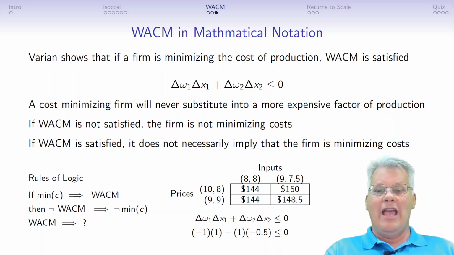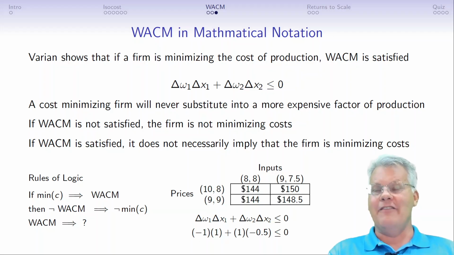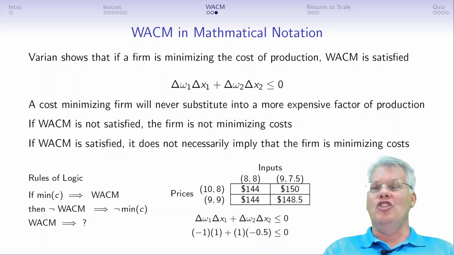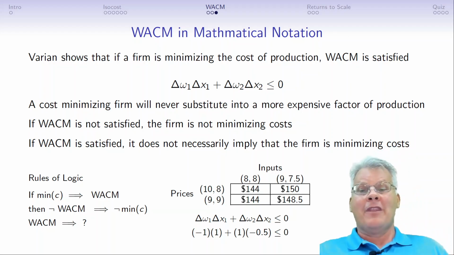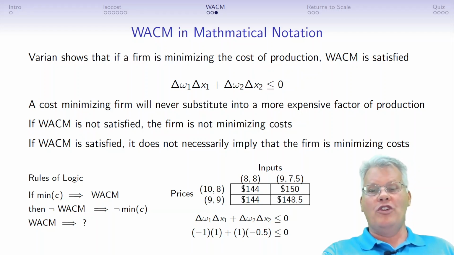Factor 2 has become more expensive, and the firm uses less of it. Those are both reasonable things to do that seem to be well thought out.